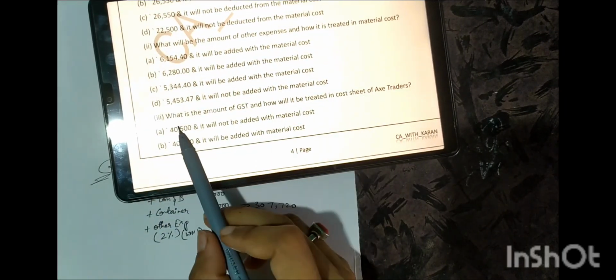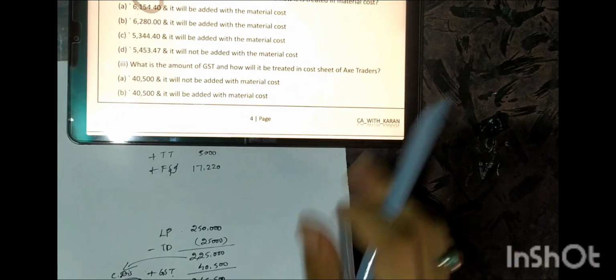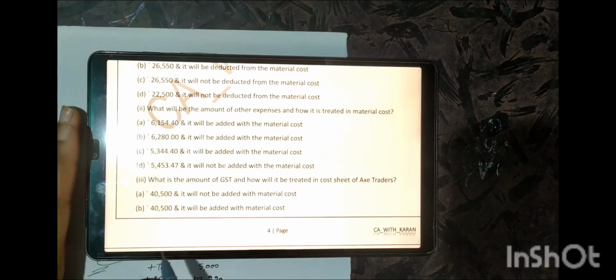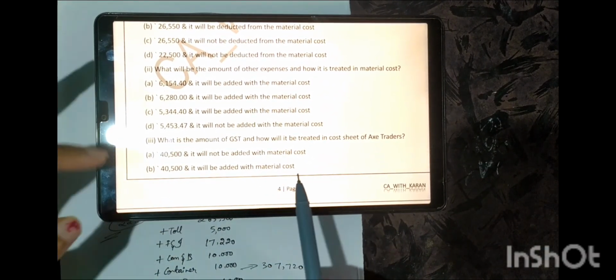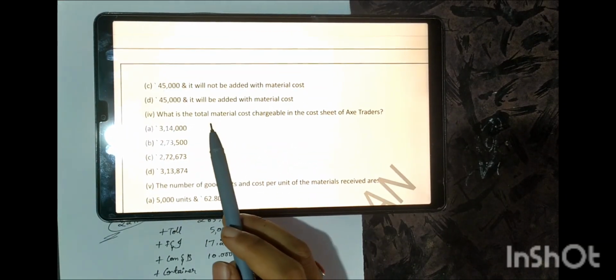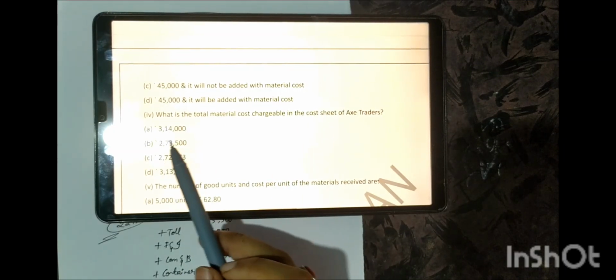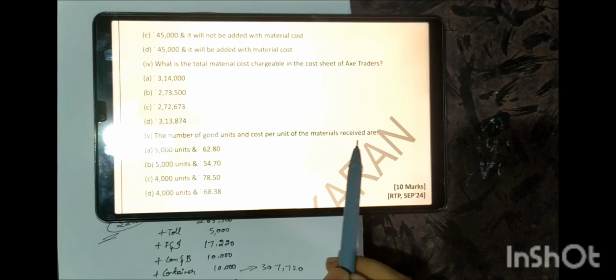Fine. And the third question is: what is the amount of GST and how will it be treated in the cost sheet of AXE traders? It is 40,500, and it will be added with material cost. Option B. Next, what is the material cost chargeable in the cost sheet of AXE traders? 3,14,000, option A. And the number of good units and cost per unit of material received.